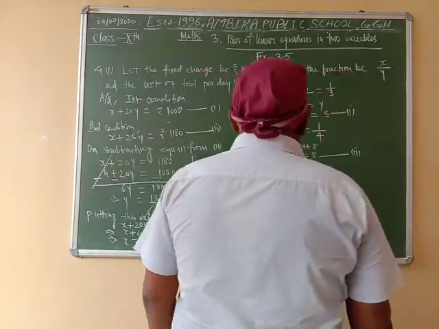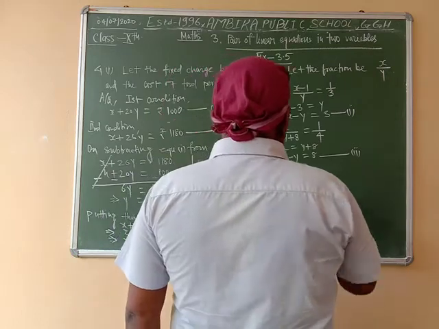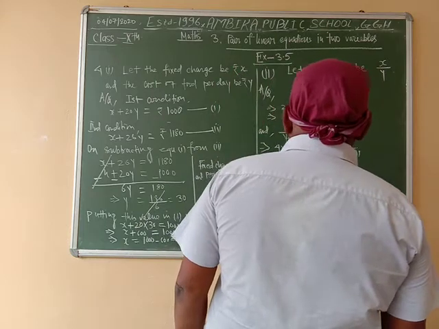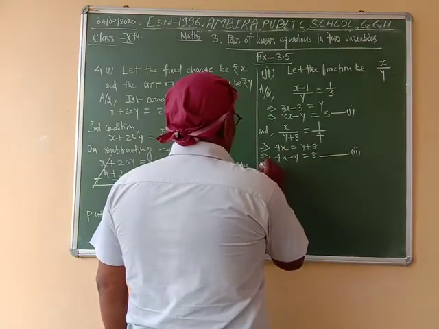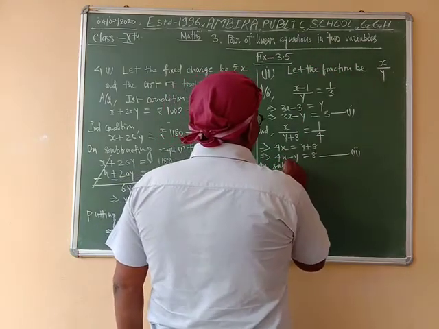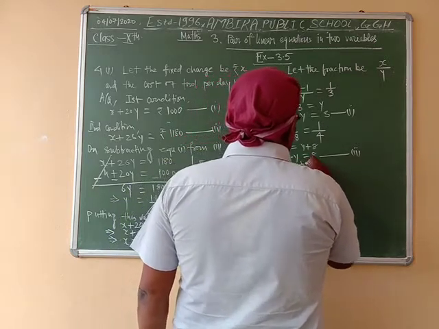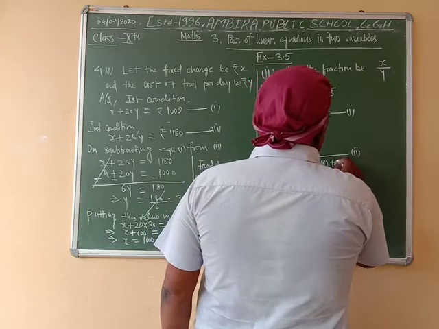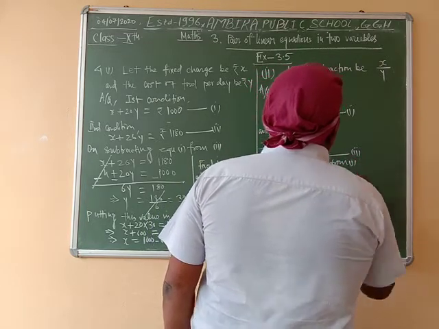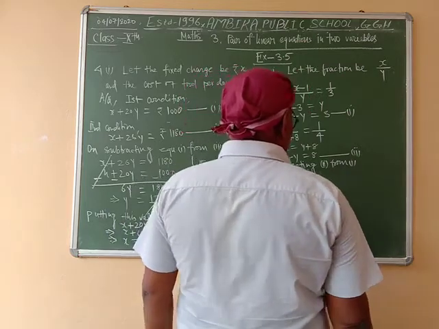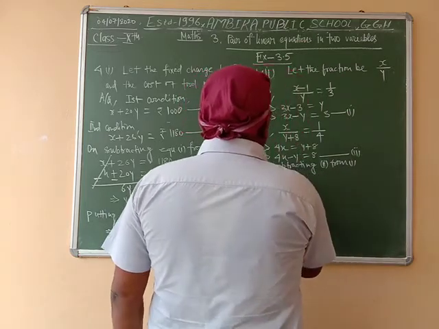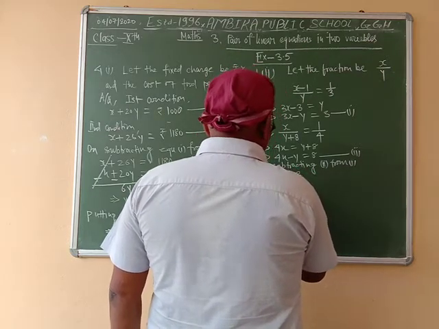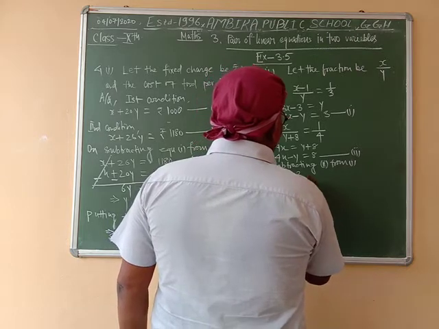Here the coefficient of y is the same, so subtracting 2 from 1: 3x minus y is equal to 3, and 4x minus y is equal to 8.